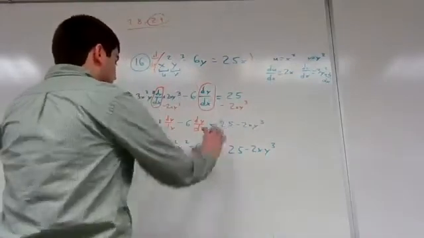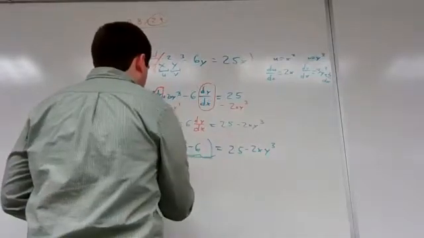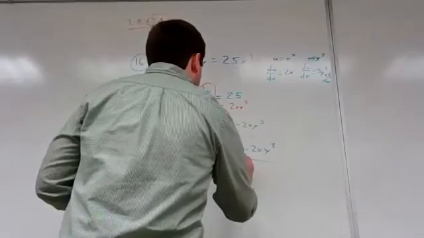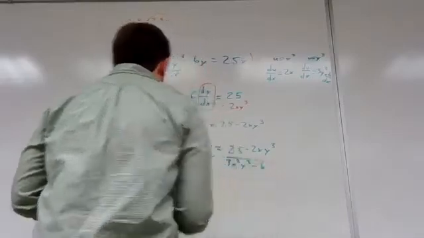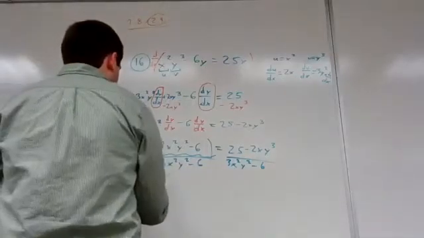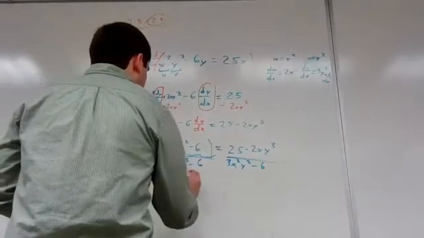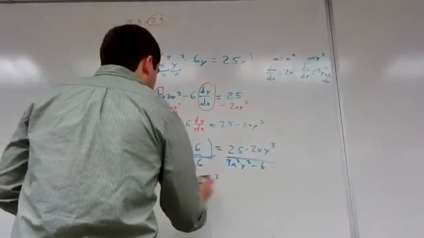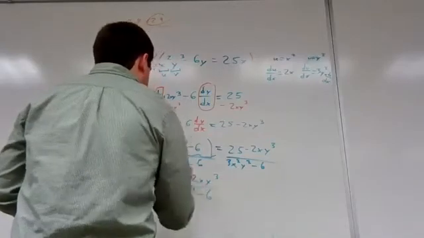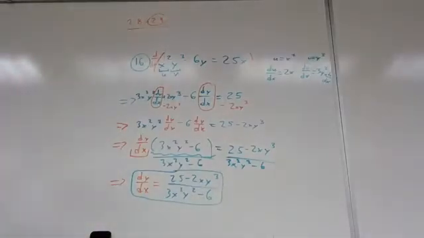And so to do that, since it's all multiplied by dy over dx, I need to divide. Okay. So that's going to give me that dy over dx equals 25 minus 2xy cubed over 3x squared y squared minus 6. With this being our final answer.